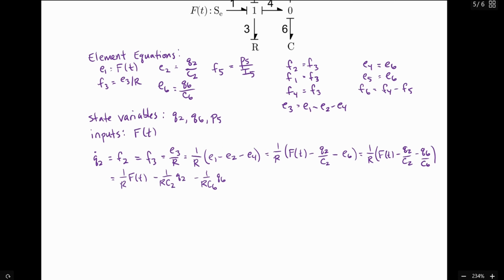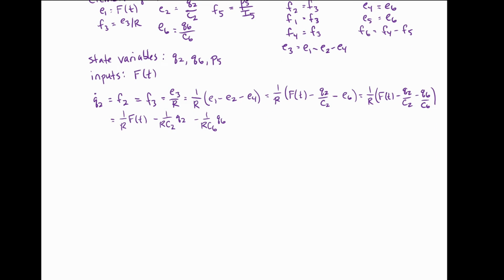We know that we're done with Q2 dot because the right-hand side includes only parameter values, inputs, and state variables.